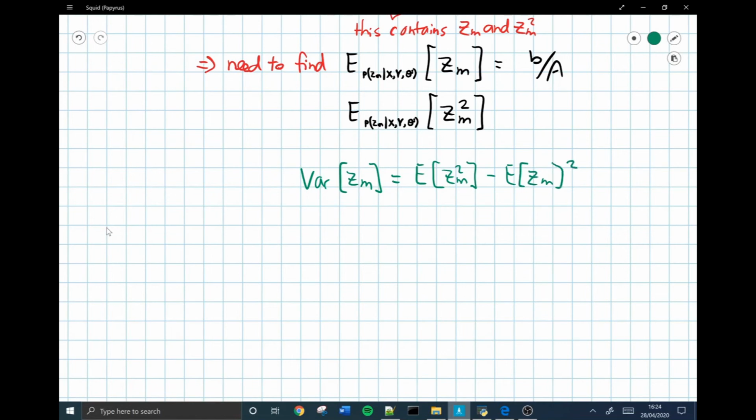We know that the variance of Zm is equal to a to the minus 1. We showed that earlier. And that's going to be equal to the expected value of Zm squared minus, and this final term is just the mean, so that is b over a squared.